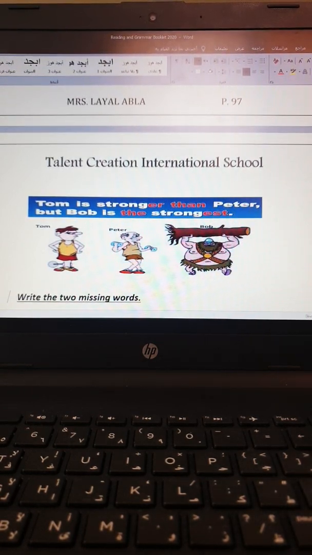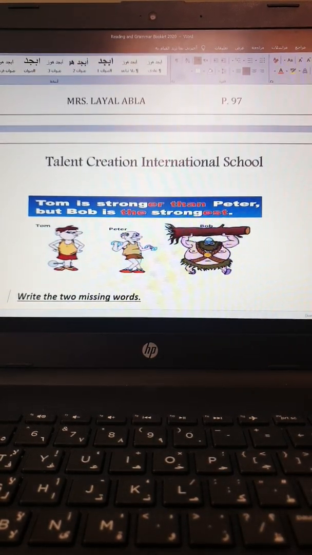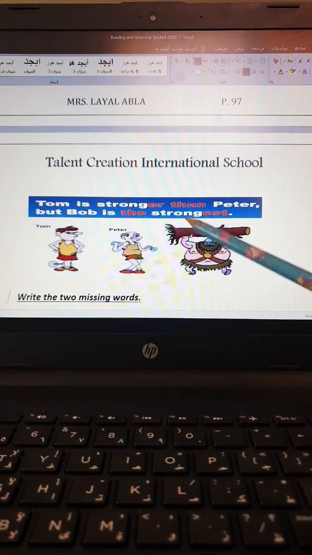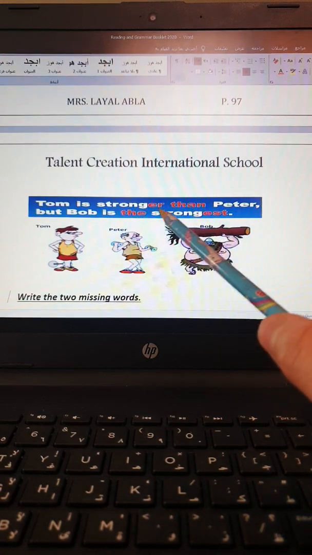Stronger than. But Bob is the strongest. So here, don't forget to add the before the word, and est. We add est to the adjective. Okay? So the strongest.